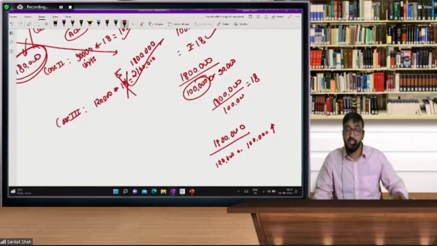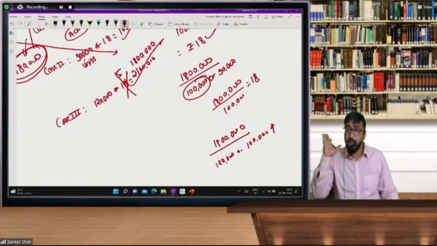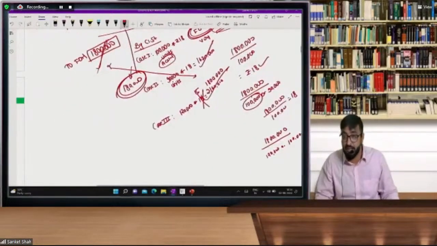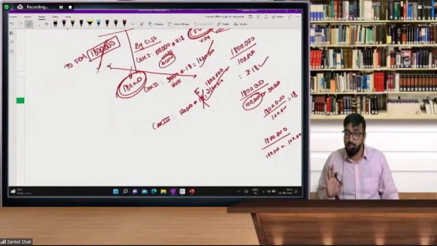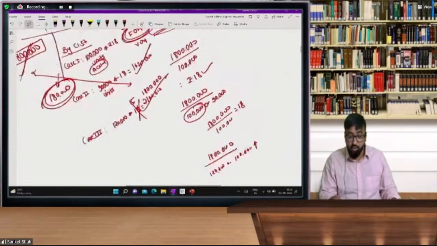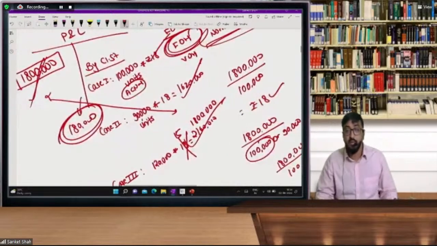So my friends, if you multiply by rupees 18, you are totally wrong. Why? Because you are getting an answer of 21,60,000, which is more than the 18 lakh rupees you have expended. So it's not correct. A lower answer is correct, but a higher answer is not allowed. Therefore, in the denominator, we divide by actual capacity or normal capacity, whichever is higher. In the first case, there is no question; it is very simple, you will multiply by rupees 18.